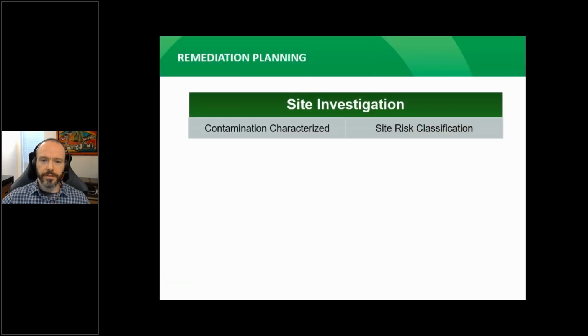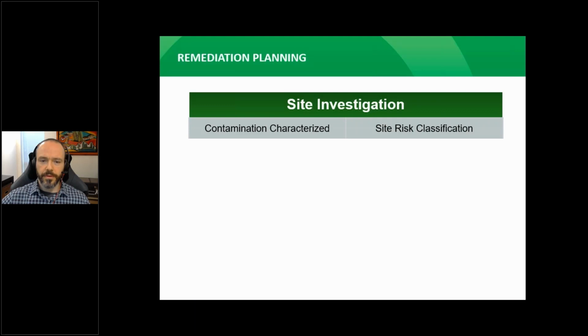By the time remediation of a contaminated site is being thought about, several activities along the contaminated site's path have occurred. Prior to site remediation, site investigation activities will have commenced, resulting in the characterization of contamination at the site. For sites where the responsible person is seeking a certificate of compliance or a release notice, a detailed site investigation will have been completed, resulting in comprehensive characterization and delineation.